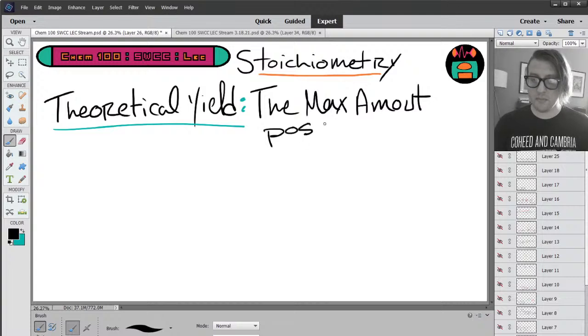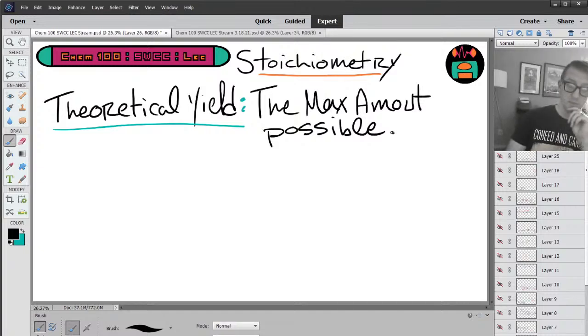You cannot produce more than the theoretical yield. That is the maximum amount possible.